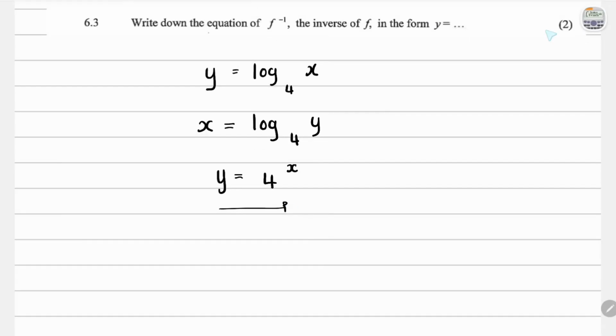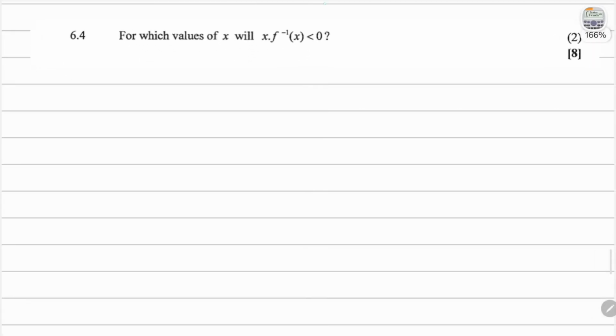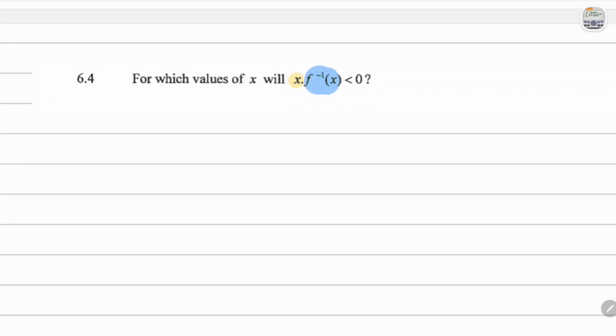Moving on to the next question. Question 6.4 says, for which values of x will x multiplied by the y values of the inverse be less than 0? So in order to find this, we need to understand what that inverse looks like.